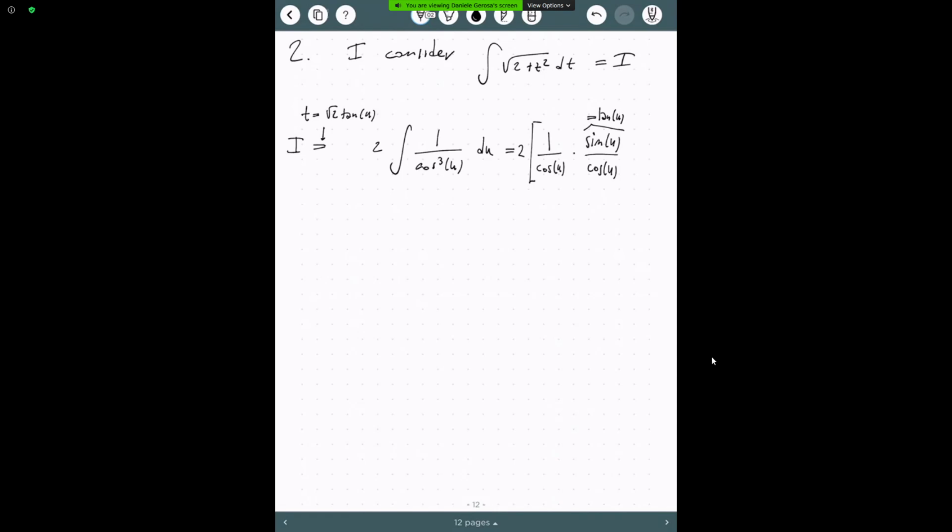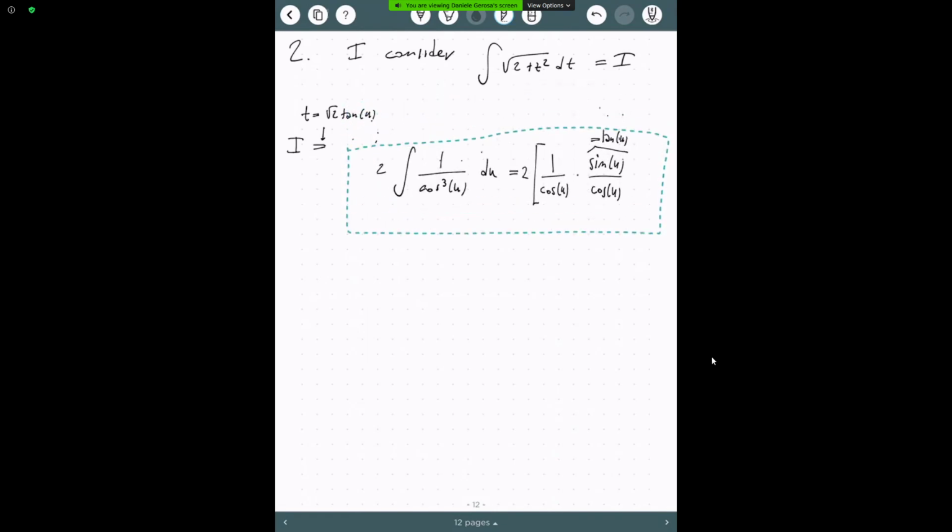Let's see if I manage to use this function. I want to move this.